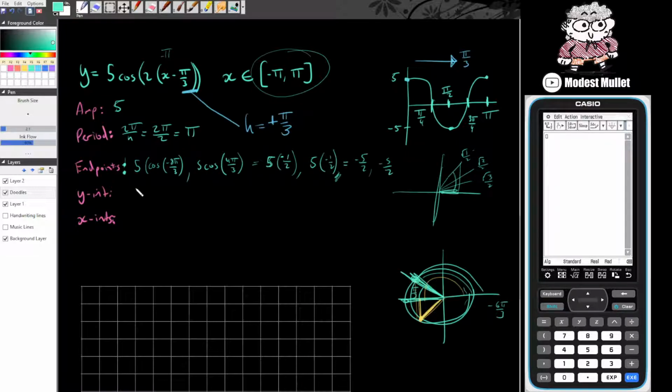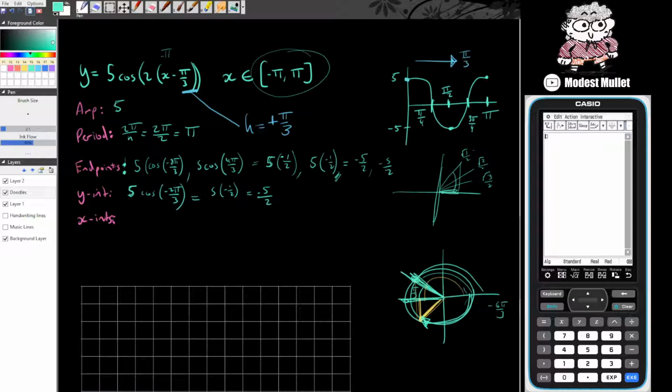Y-intercepts, I need to now sub zero in, which is 5 cos of negative 2 pi on 3. Negative 2 pi on 3 is back around here, so it's the exact same thing. That is going to be 5 by negative half, so that's equal to negative 5 on 2.